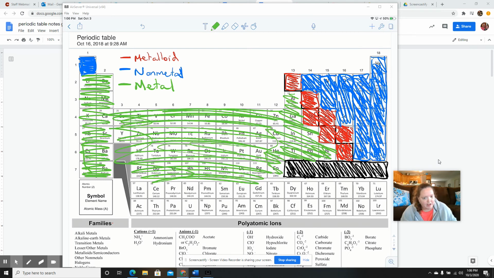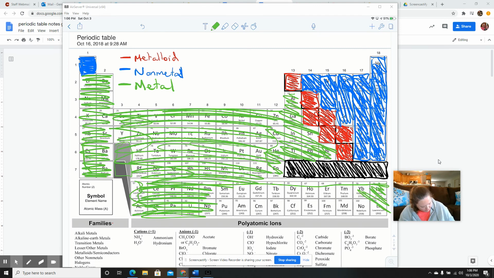okay. And I'll tell you a little bit about these bottom two rows down here. They're actually pulled out, like you see this gray part that's right here, okay? These bottom two rows are actually pulled out from where those green ones are, okay? And I'll let you in on a little secret, okay?